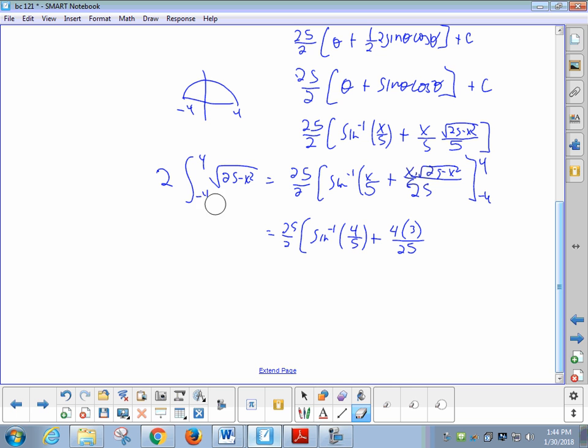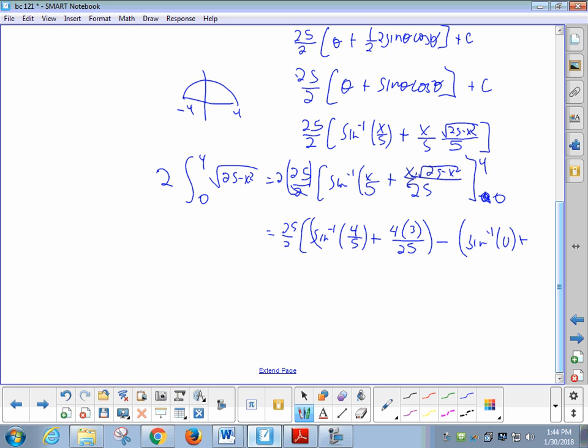When you put in a negative x, it's the same as when you put in a positive x. So when I put in 0, sine is 0. I get an inverse sine of 0, which is cool, and 0, which is cool.